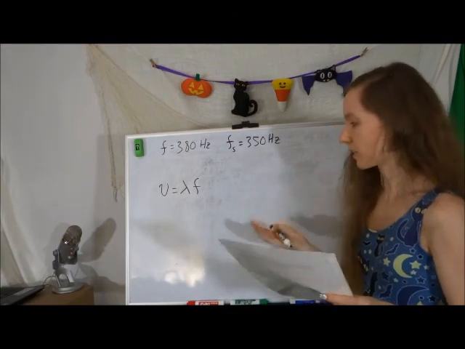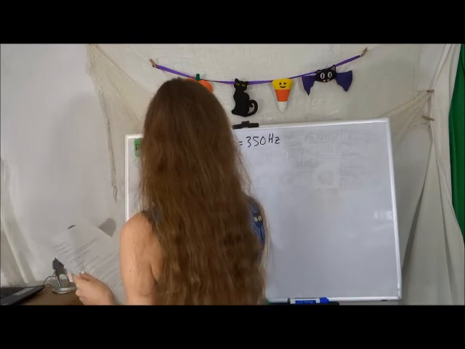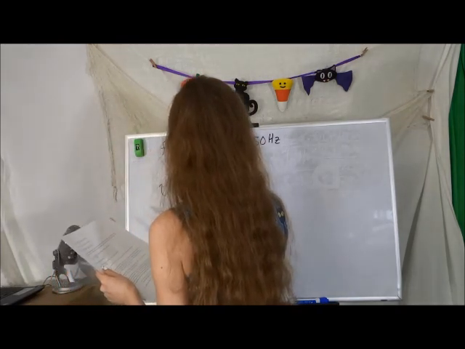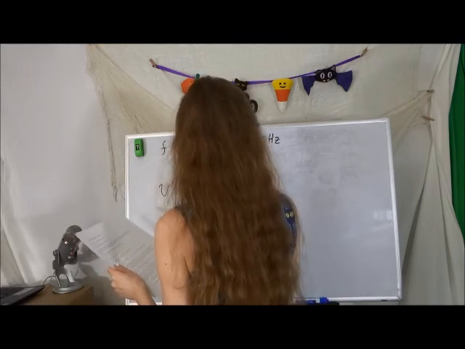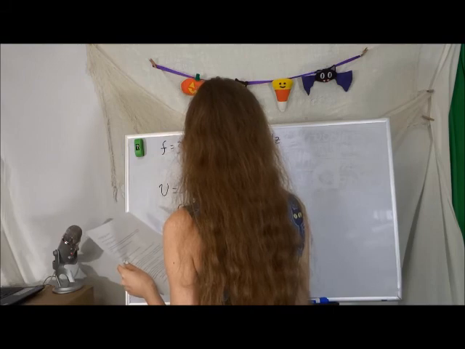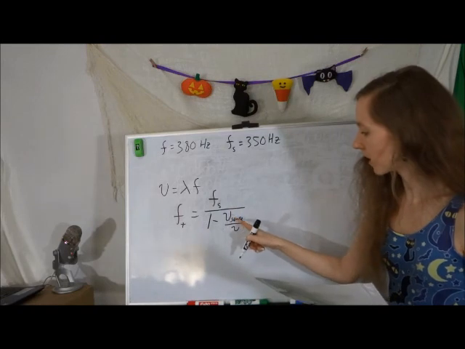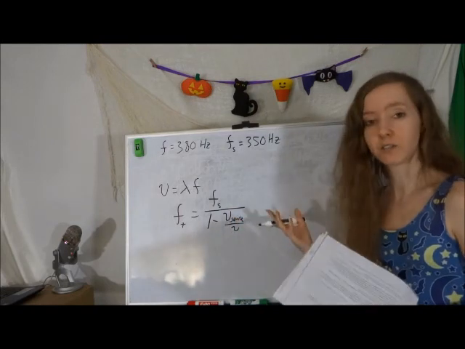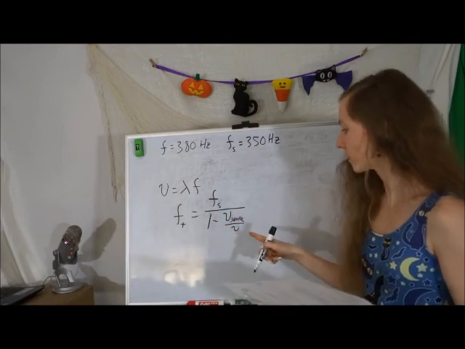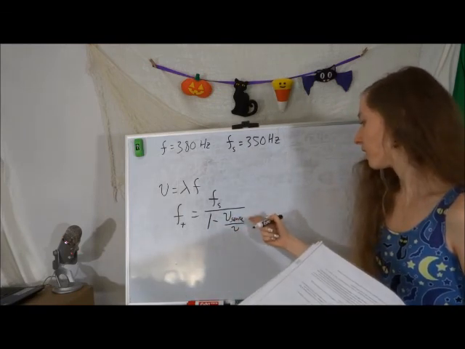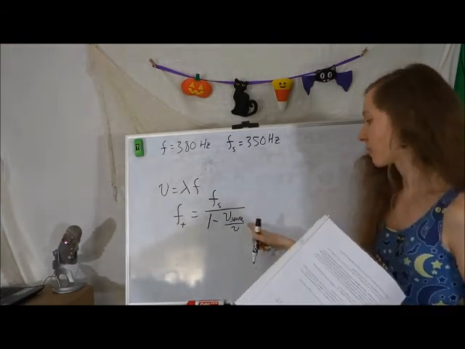The other way we can look at this is if we look at the equation for when we have something that's approaching. We know F plus is F of our stationary situation over 1 minus V source over V. Now if we look at our denominator here, our speeds are going to be positive numbers. So if we're subtracting a positive quantity from 1, and our speed of our werewolf is probably not going to be bigger than the speed of sound, this is going to be some number less than 1.